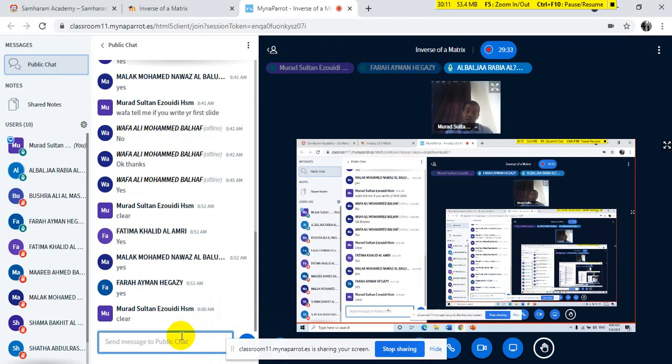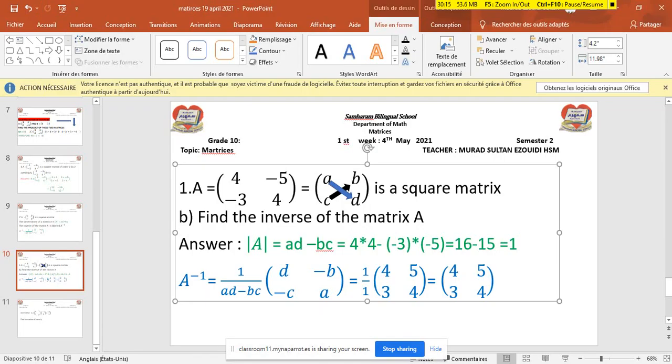Yes, teacher. Okay. I will give you time to write the slide, and then give you another exercise dealing with this kind of matrices, but I'm waiting for you to finish first. When you finish, I will give you time first to write. It's not difficult.